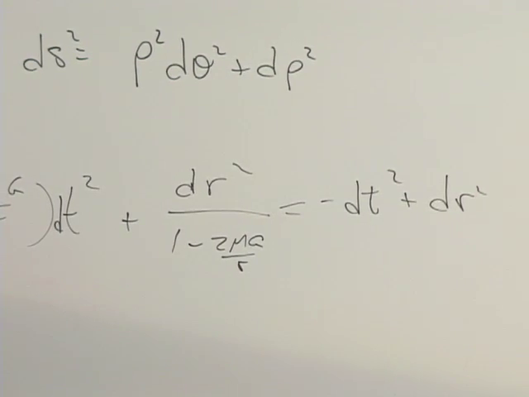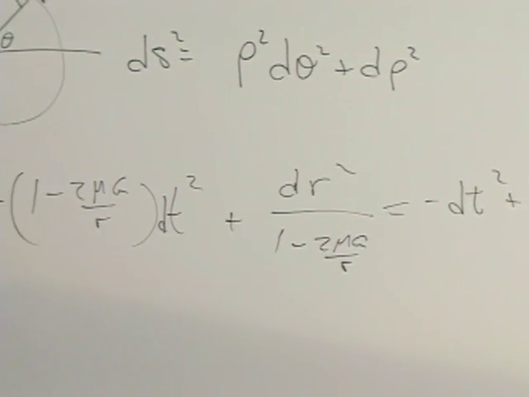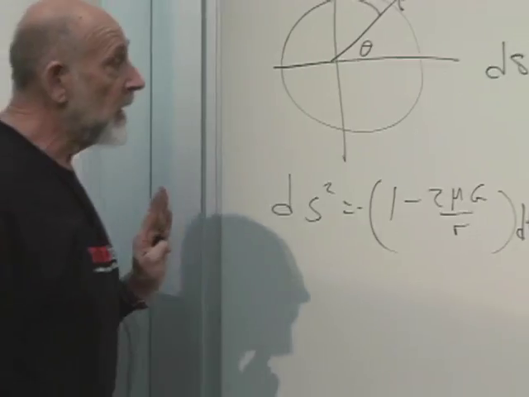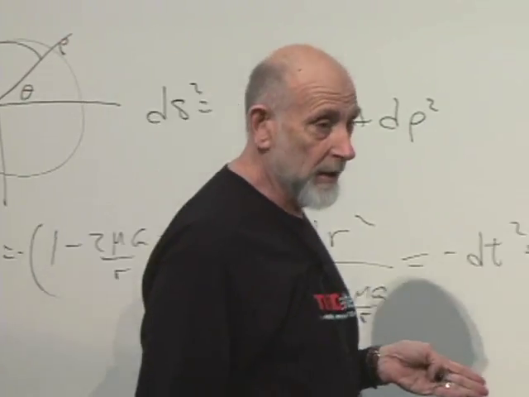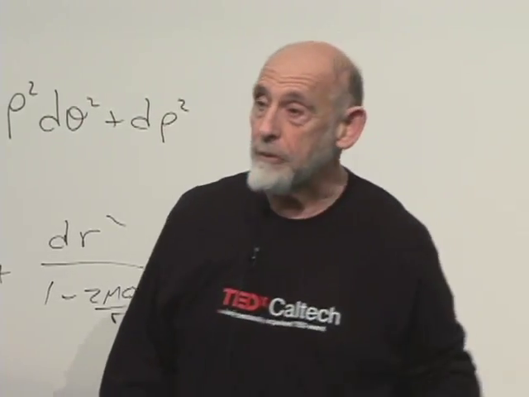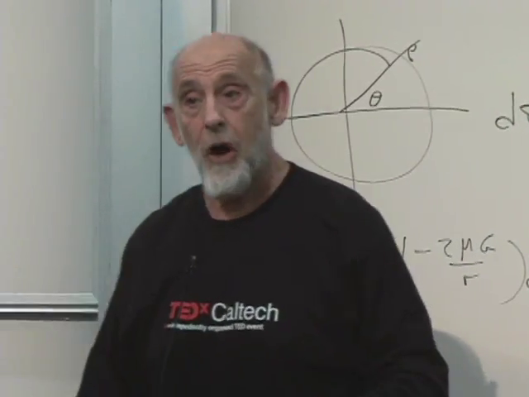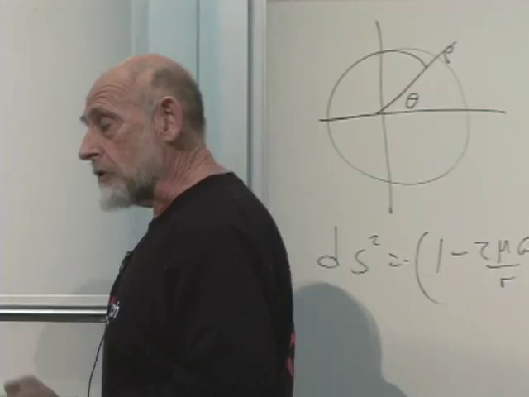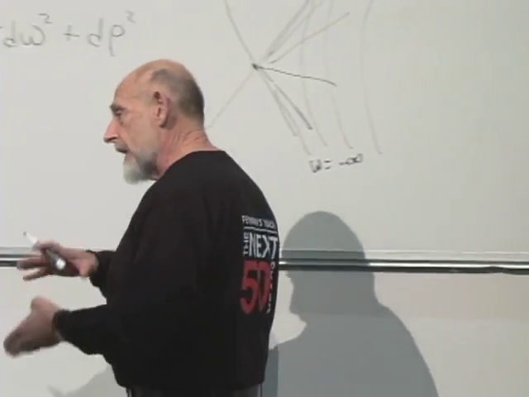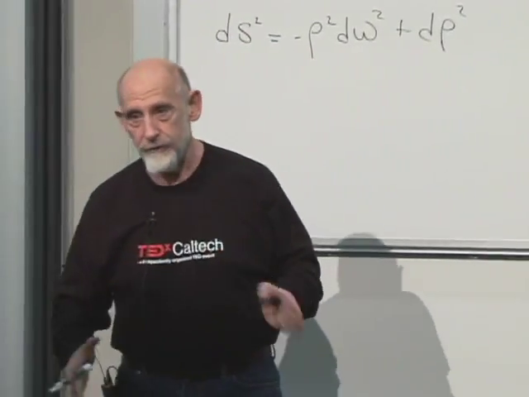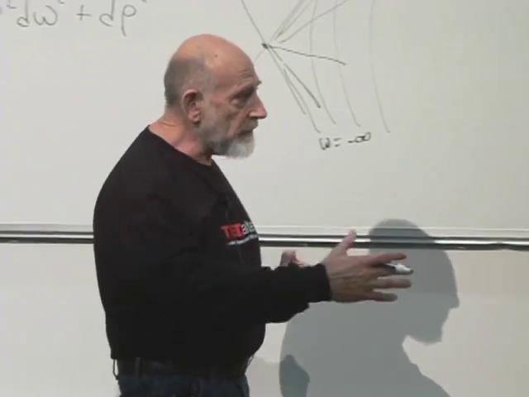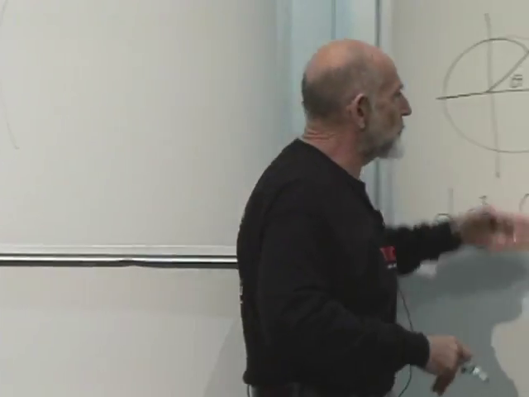Far from the black hole, r and rho are the same thing. Once you're way far away from the black hole, the proper distance to the black hole is approximately just r. It's only near the black hole that r and rho are very different from each other. But when you're far from the black hole, radius is just radius.